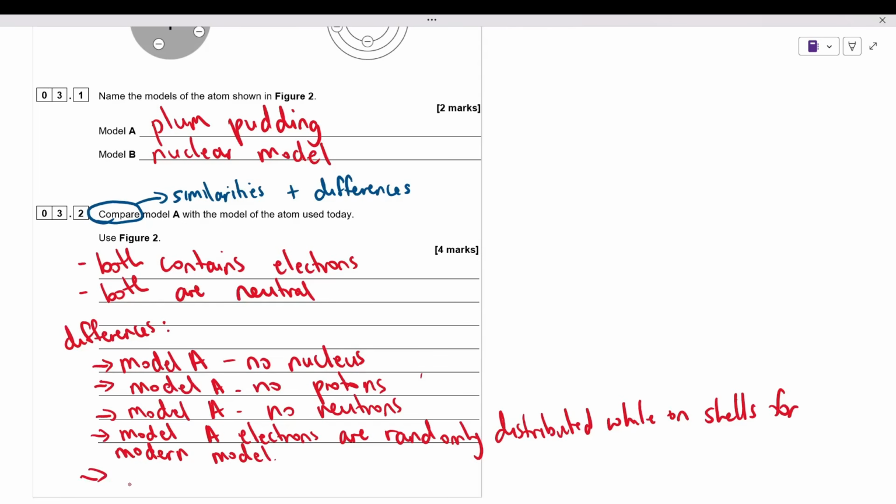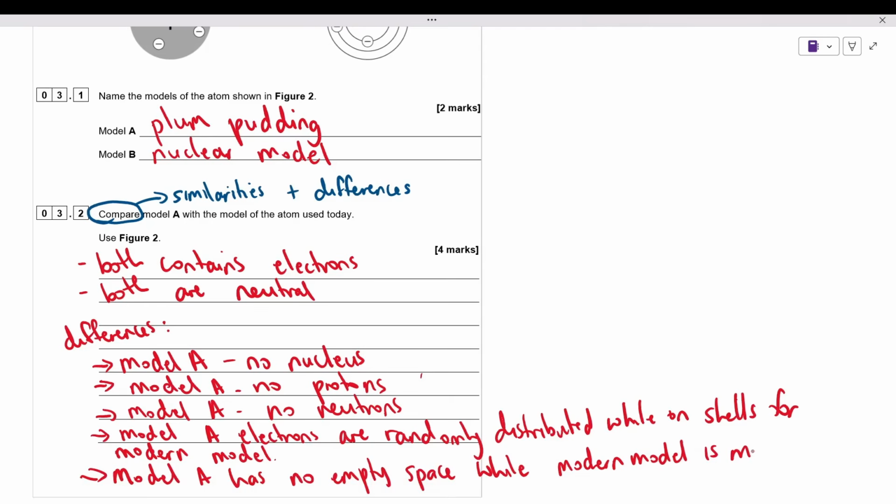Another key difference: model A has no empty space, while the modern model is mostly empty space.